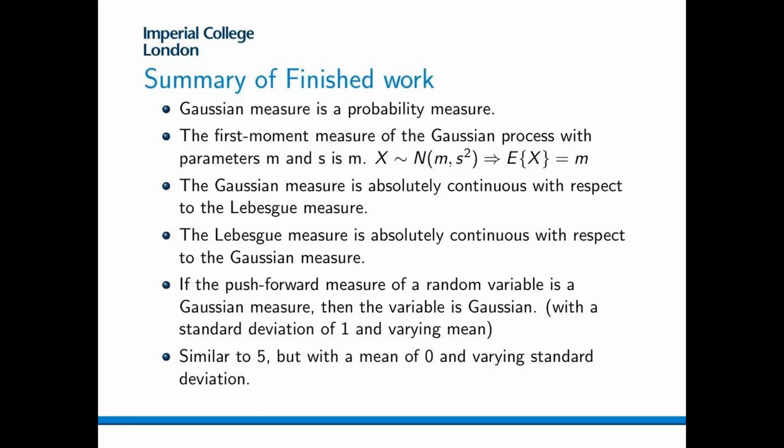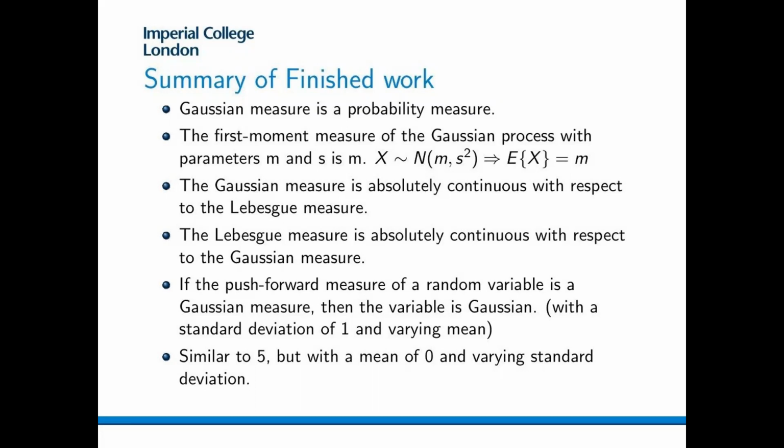That is, in the words of probability, if a random variable follows the normal distribution with mean m and standard deviation s, then the expectation of that random variable x equals m.